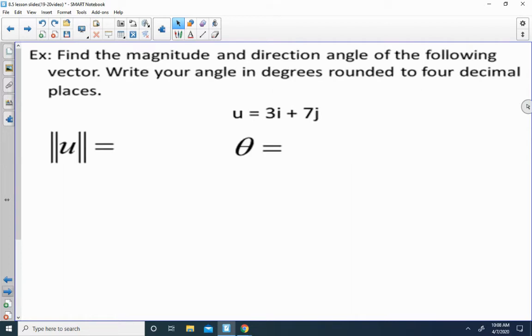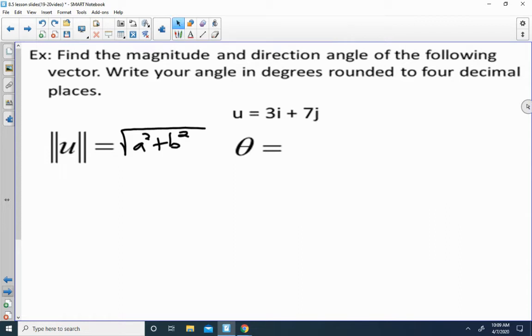So let's say in the Hawks program, you're given vector u is equal to 3i plus 7j. It says find the magnitude and direction angle of the following vector, and then write your angle in degrees rounded to 4 decimal places. So let's first start with the easy stuff. You know from the previous slide that the magnitude is the square root of a squared plus b squared.